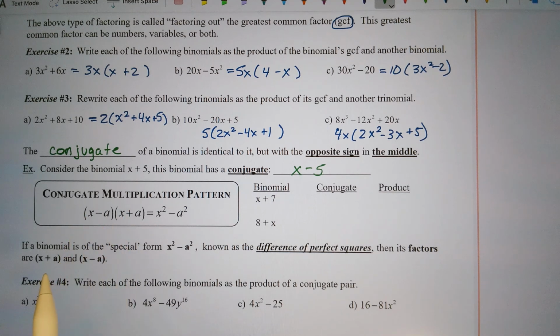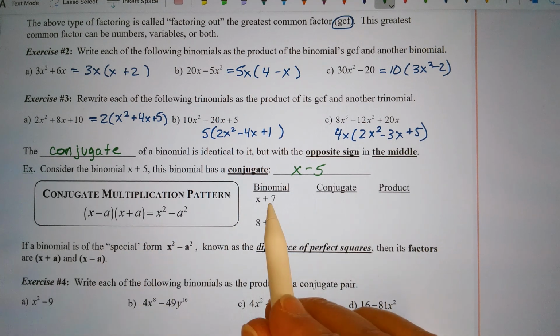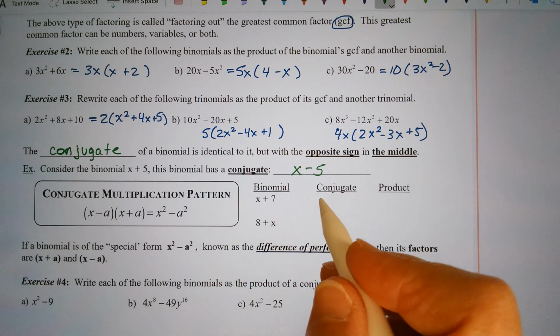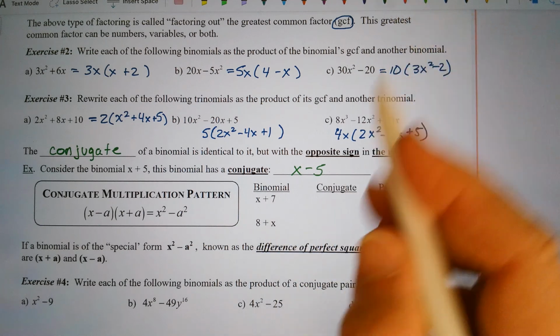The conjugate multiplication pattern. If you have the product of a binomial and its conjugate, the result is the first term squared, subtract the second term squared. So in other words, if we have x minus a and its conjugate, x plus a, their product would equal x squared minus a squared. The binomial x plus 7, its conjugate is x minus 7.